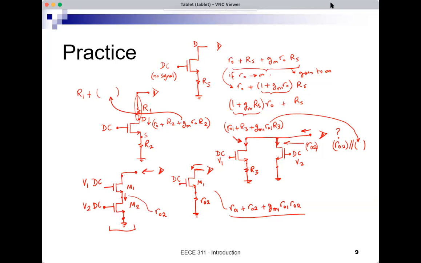On the Moodle page of the course, you will see that there is a list of rules, a list of formulas that you can use. There is a document that has all the resistance rules. So if you want to find the resistance looking into some terminal or some node, there is a list of rules for that.